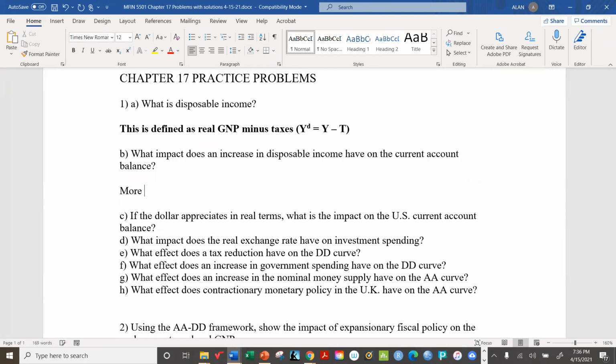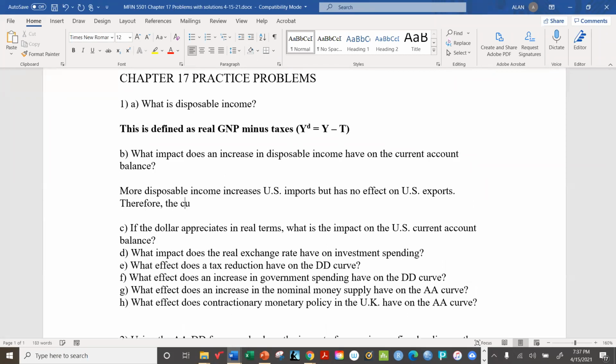More disposable income increases US imports, but has no effect on US exports. Therefore, the current account balance worsens.